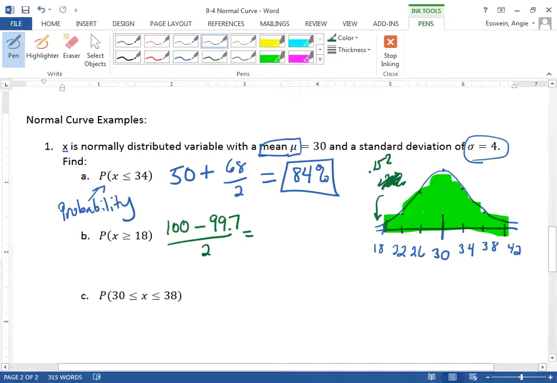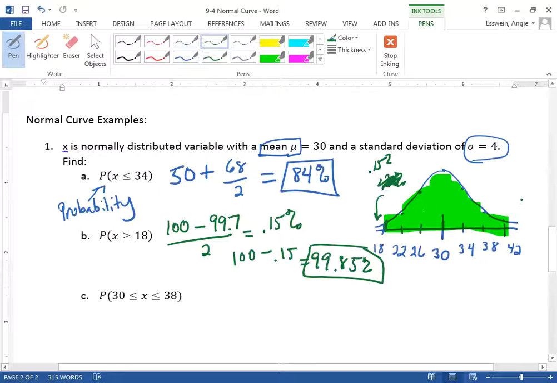We know that within 3 standard deviations is 99.7. So if we subtract that, we get this little piece plus this little piece, but we only want half. So that gives us 0.15%, that little piece. So the area then of the green part is 100 minus 0.15, which makes sense that it would be this much. It's almost 100% because the shaded area looks like it's almost 100%.